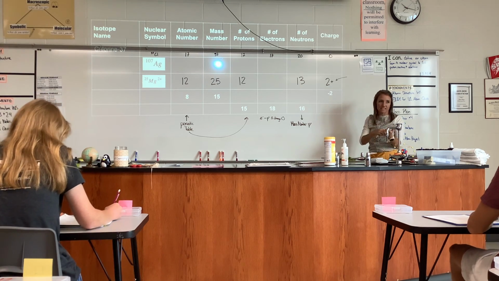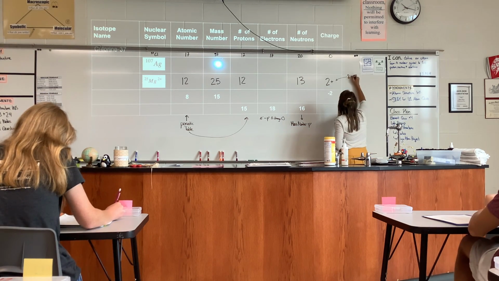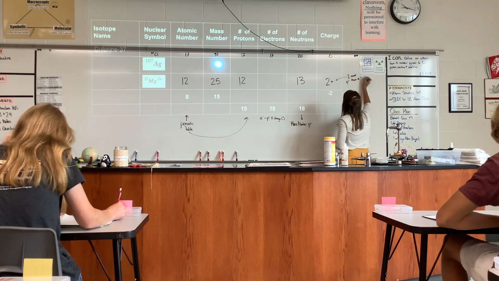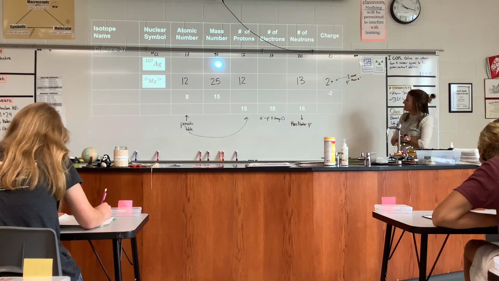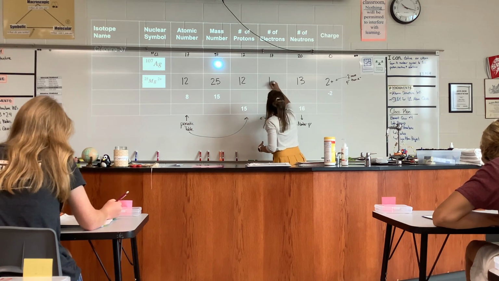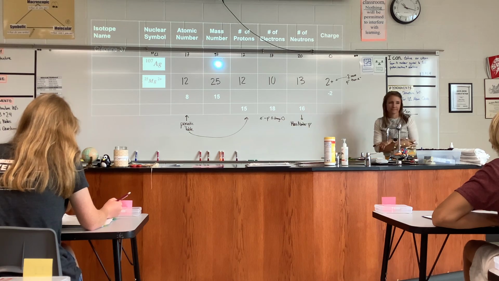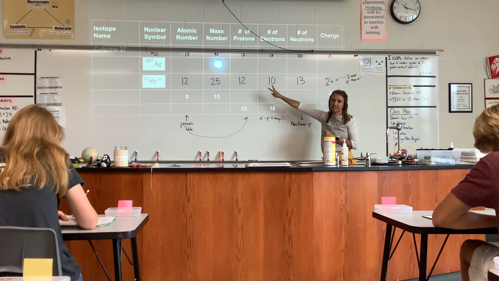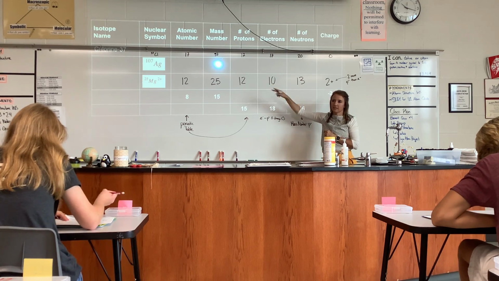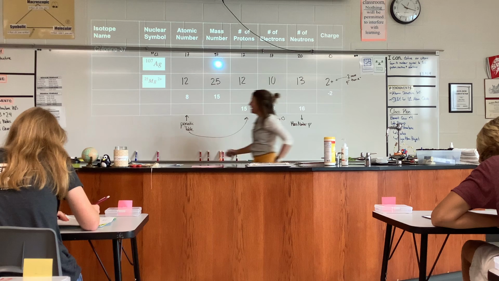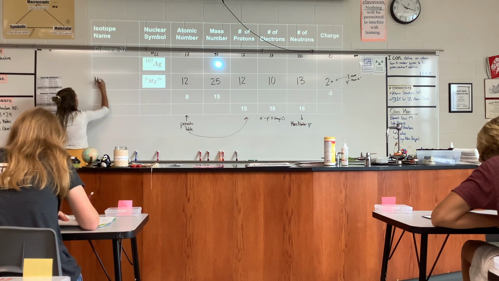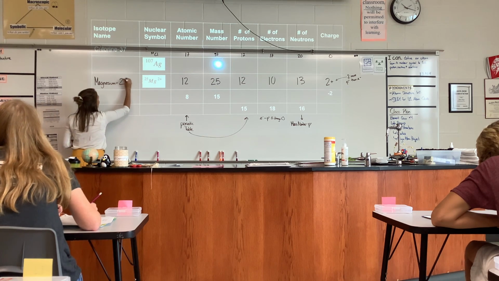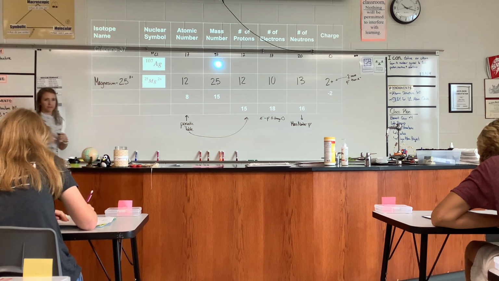Because if protons are positive and electrons are negative, this means it has 2 more protons than electrons. Okay, so that's how the charge links to protons and electrons. And then for the name, we would write magnesium. You gotta do the mass number, and then if it has a charge, we just put it up top like so.